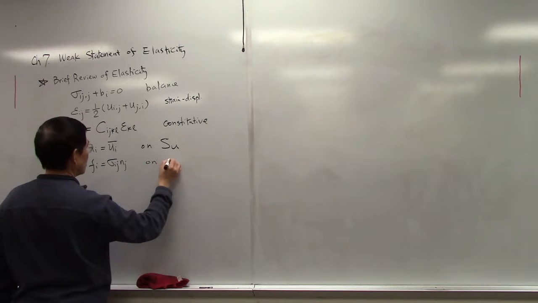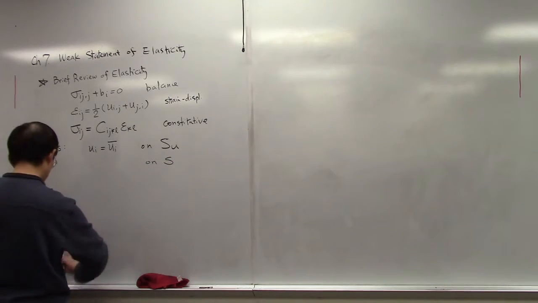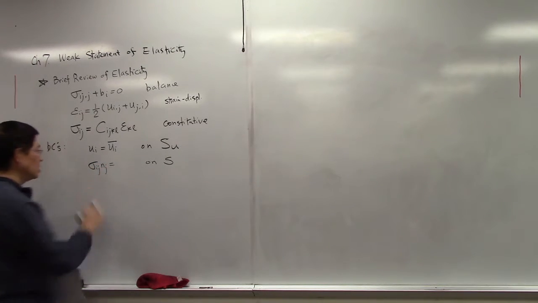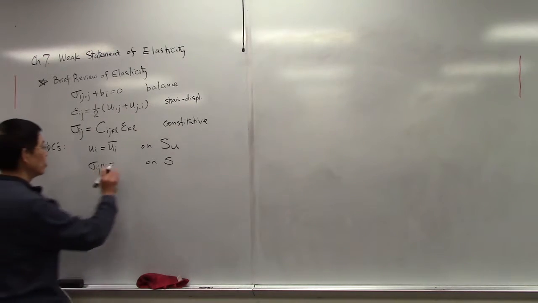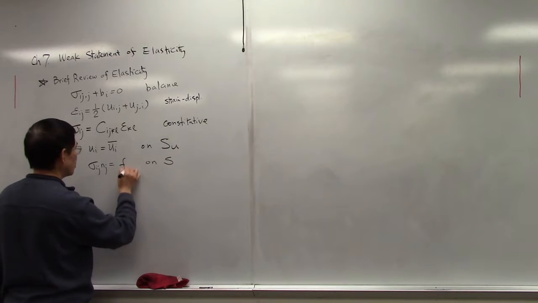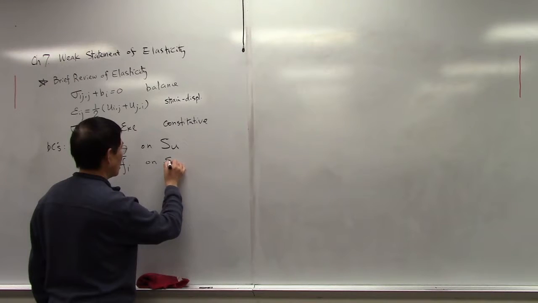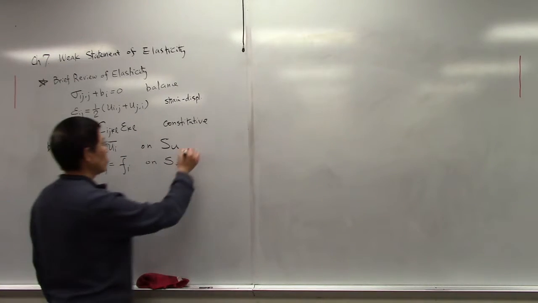That is on S sub f. Let me do it this way, sigma ij nj. And these give the traction along the i direction. We went through the derivation last time. It should be equal to whatever is prescribed on the boundary, which is S sub f. Okay? So this is the essential boundary condition.